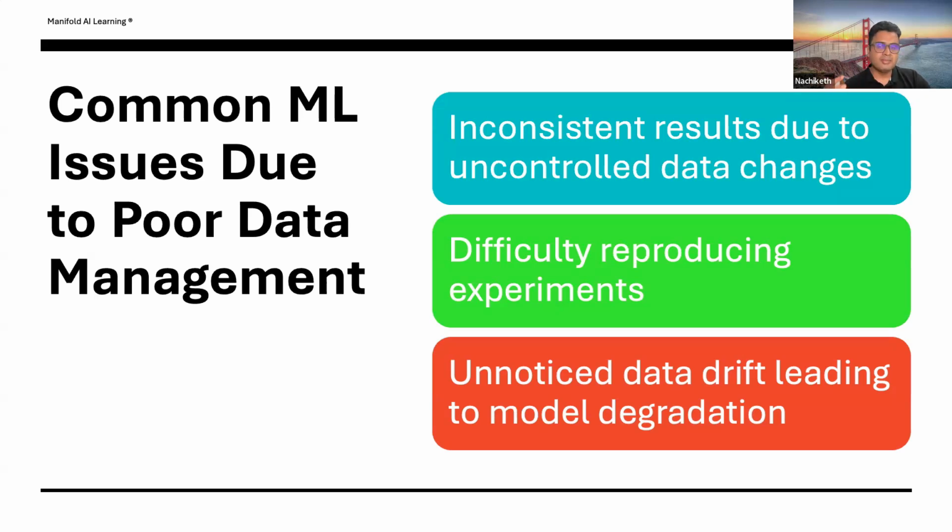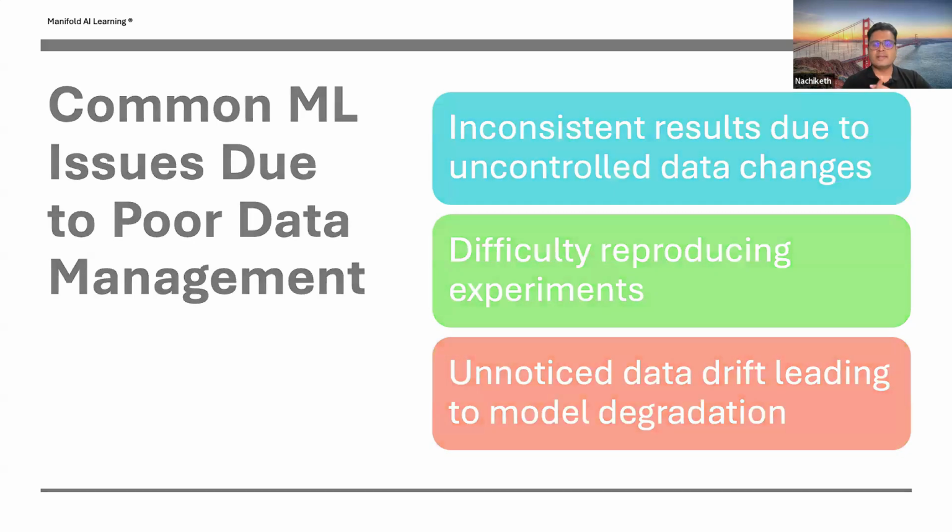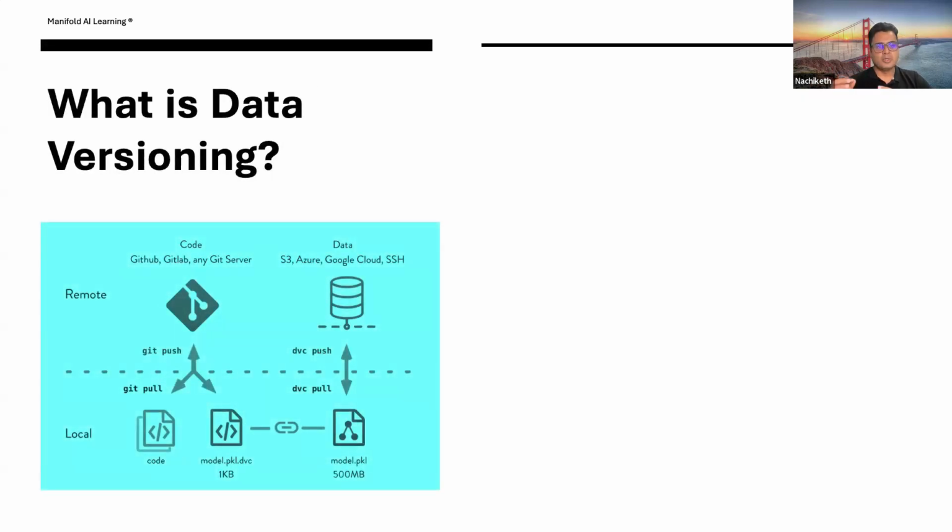So these are the common issues that we would face if there is poor data management. Now, let's dive into understanding what exactly is this data versioning. As I've described earlier, we can make use of Git based files or Git based code for tracking the code.